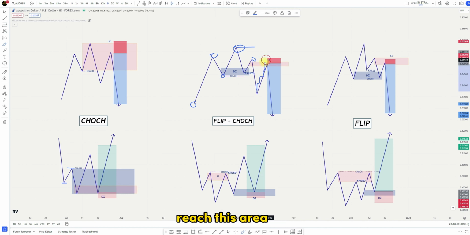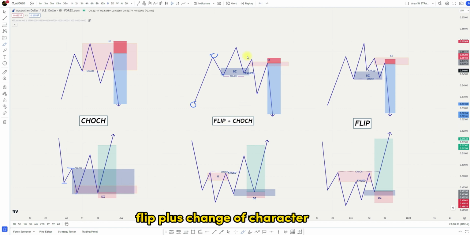And then once the price reaches this area of supply zone, you're going to be waiting for a change of character, and then for that short-term supply zone area, and then you're going to sell, targeting this area here. Okay, this is a buy, an uptrend, a flip plus change of character that ended up turning into a downtrend.